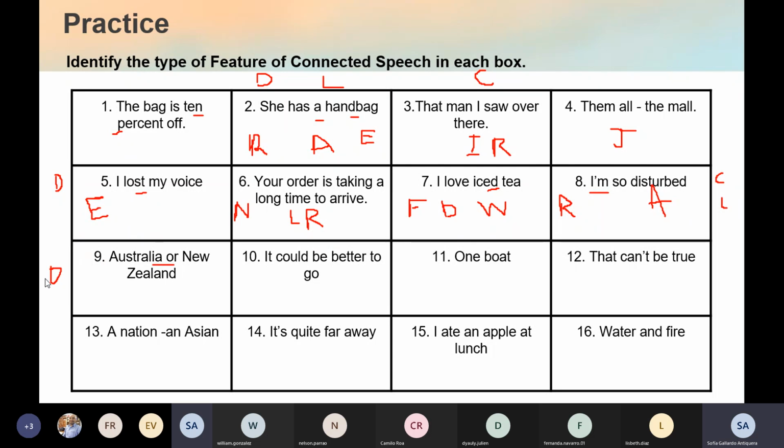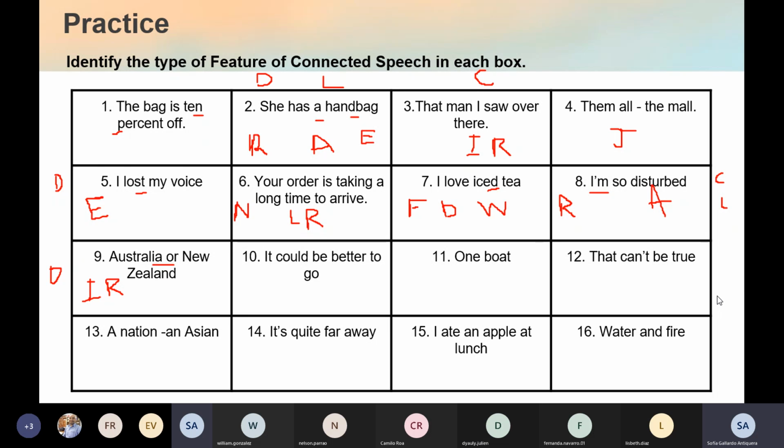And we would say Australia or New Zealand. I'm trying to make a really British accent, but I can never do it. But we would use an intrusive R here. So I'm going to write it. Intrusive R. Try to read the next example while I'm writing this.